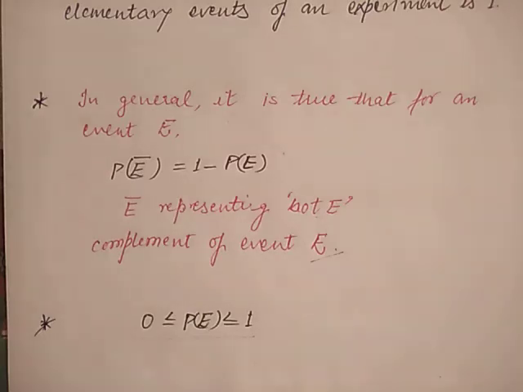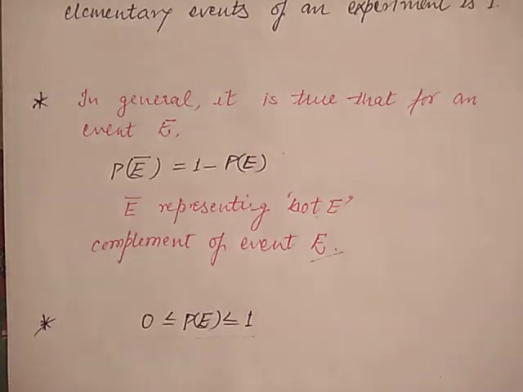Now we have some other important points also. When we toss a coin, we have two possible outcomes, head and tail. When we throw a die, we have possible outcomes 1, 2, 3, 4, 5, 6.